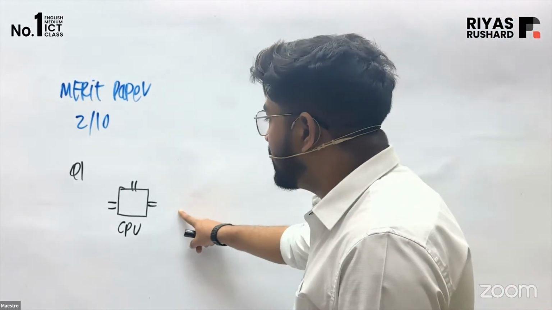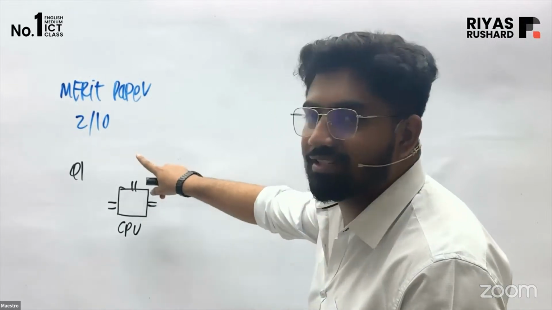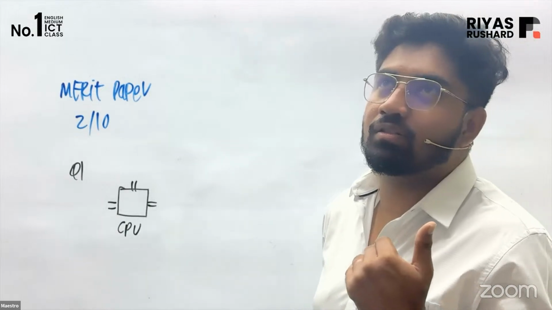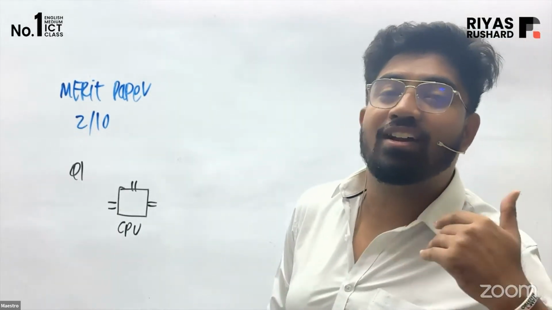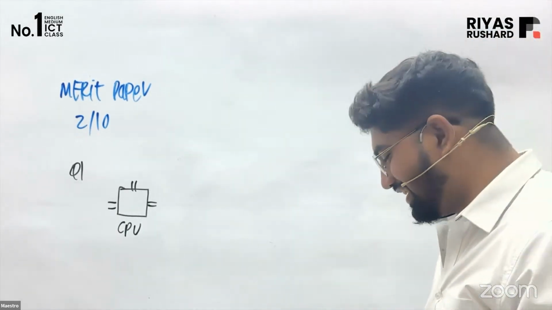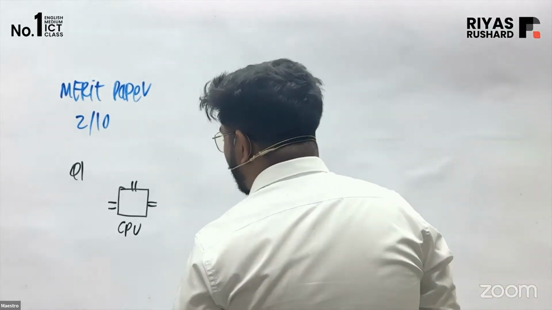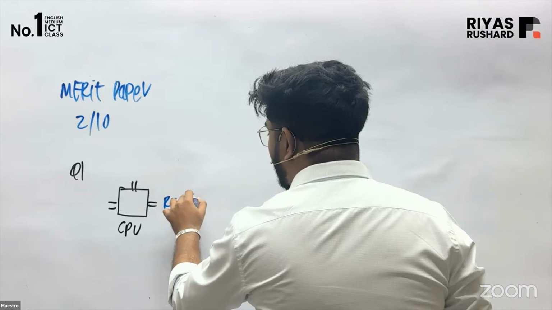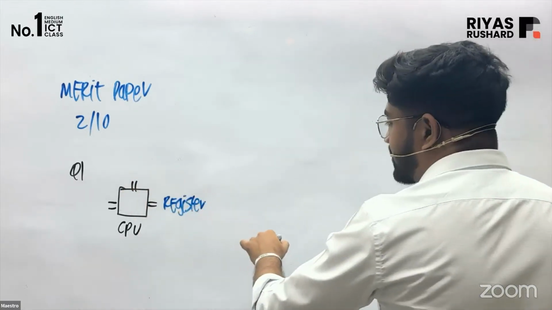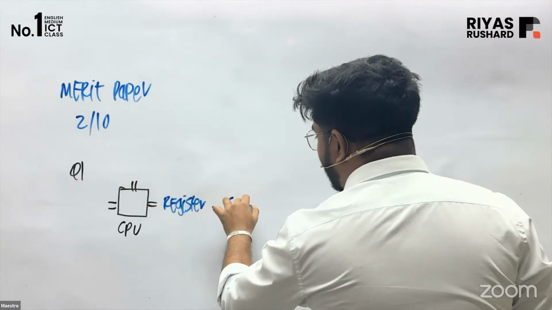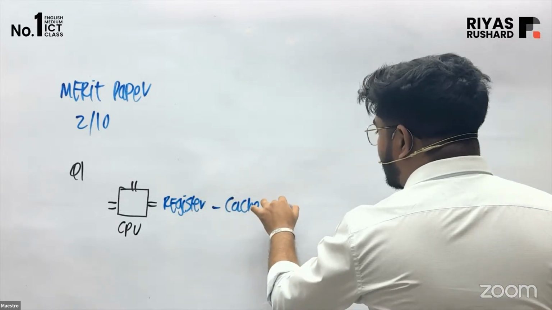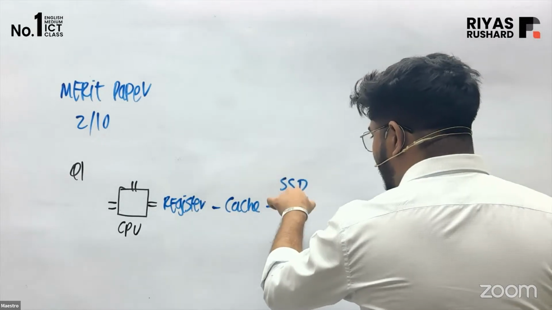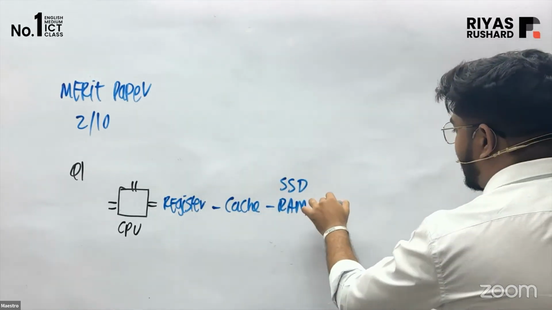Whoever is near to the CPU is considered the fastest, and whoever is far away can be compared as the slowest. Near to the CPU or inside the CPU, we have registers, followed by the cache memory, then the random access memory, and SSD comes in the same architecture.